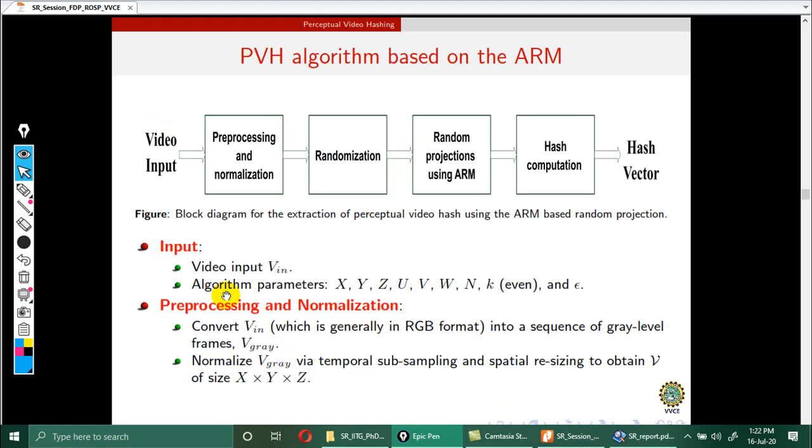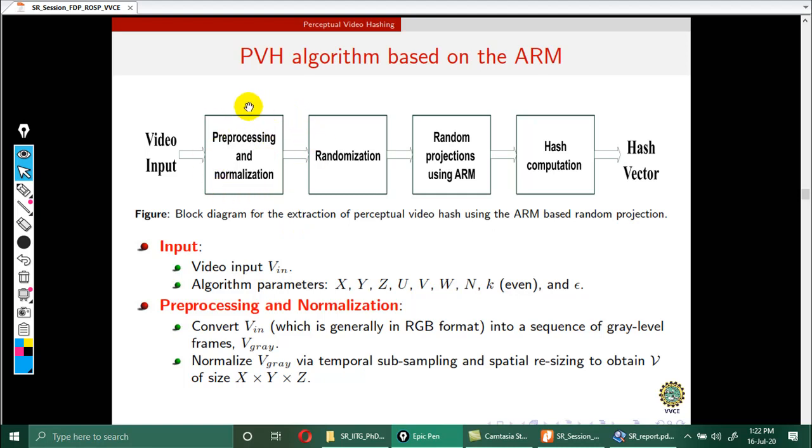Now let us see how the random projection technique is used to extract the perceptual video hash from a video. I have a video, and I'll explain elaborately.